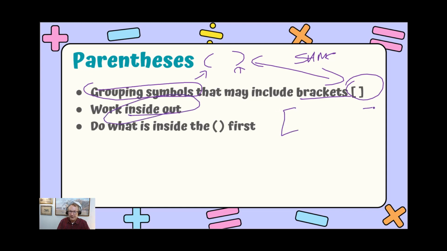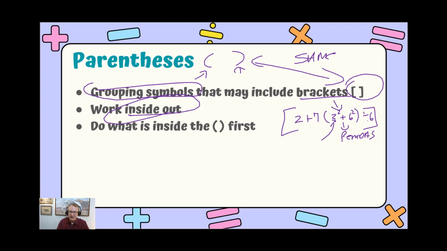So later on, you'll see some brackets. They'll have some kind of operation here. And then inside those brackets, you'll have some parentheses. And we do what's in the innermost parentheses first. And each grouping symbol, you always follow PEMDAS.